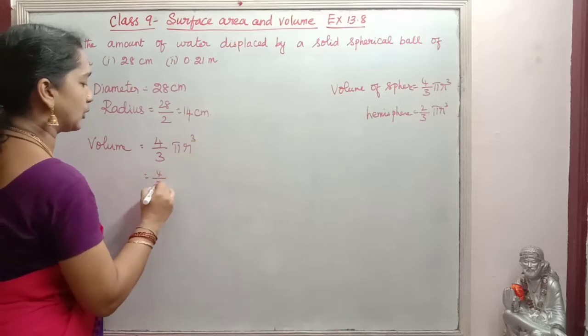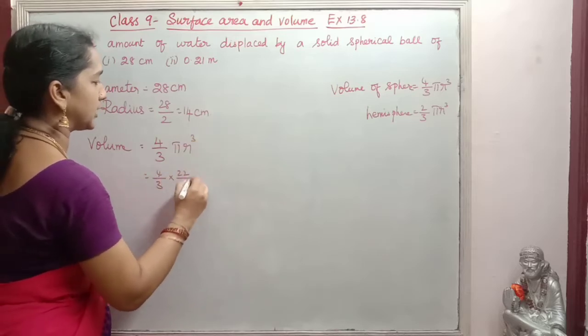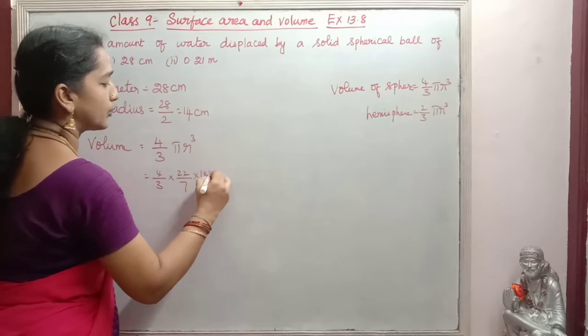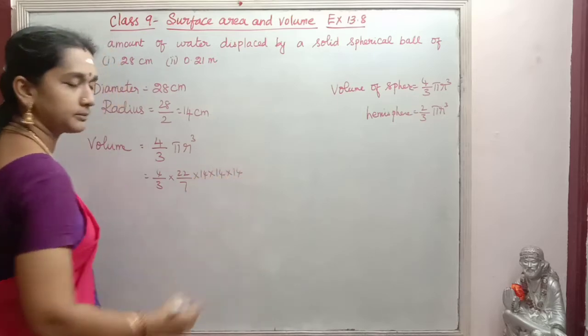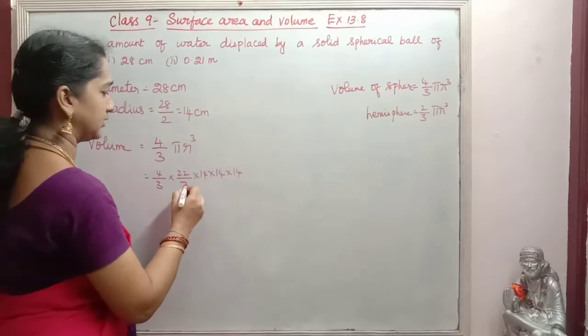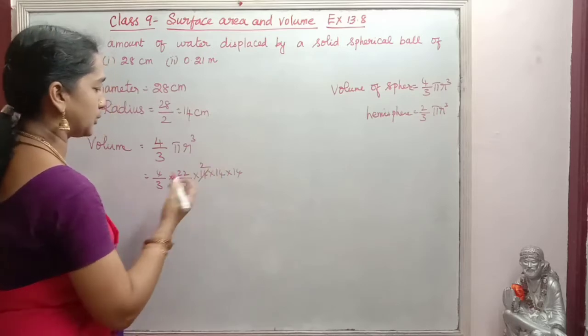So that is 4 by 3 into 22 by 7 into 14 into 14 into 14. This one we will simplify. 7 2s are 14.